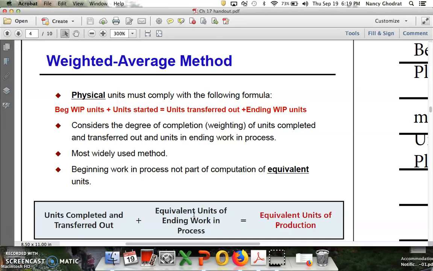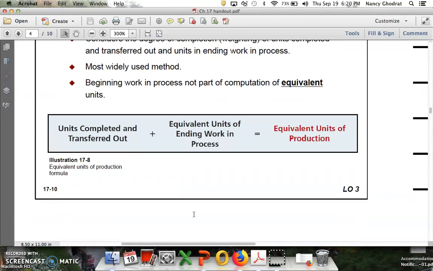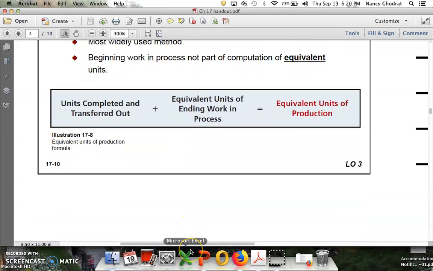The other method is called first in, first out, which is discussed in the chapter 17 appendix, and you're not responsible for that. We will not cover the first in, first out method. In the first in, first out method, the concept is that we finish the beginning work in process first, and then we finish the units that we started. So because we're not going to use first in, first out.